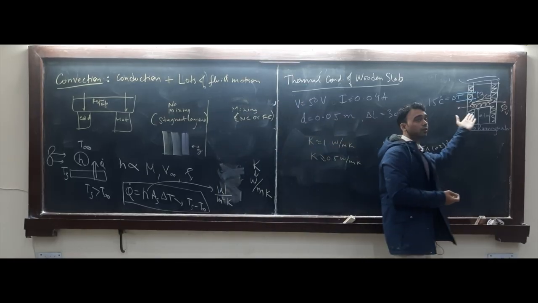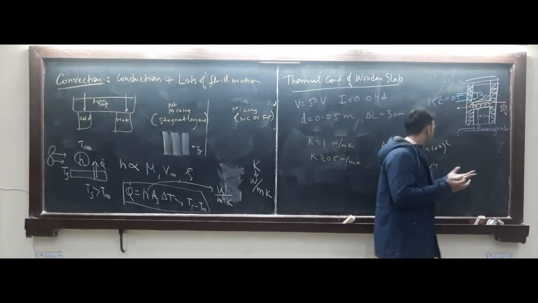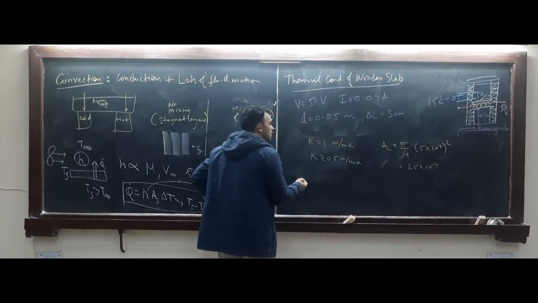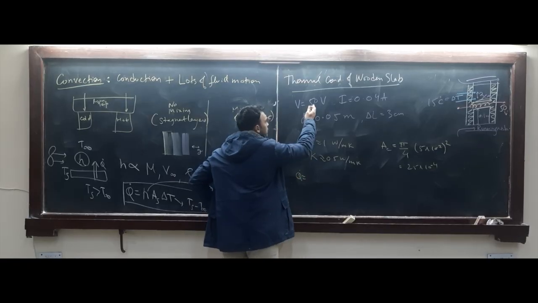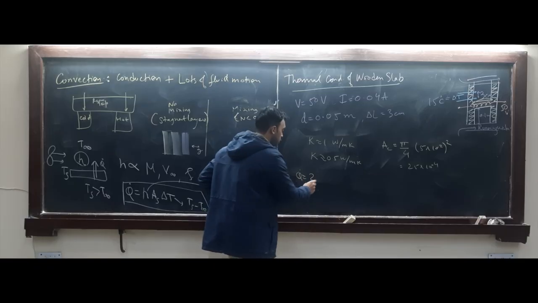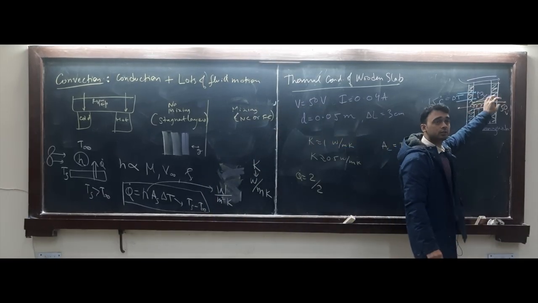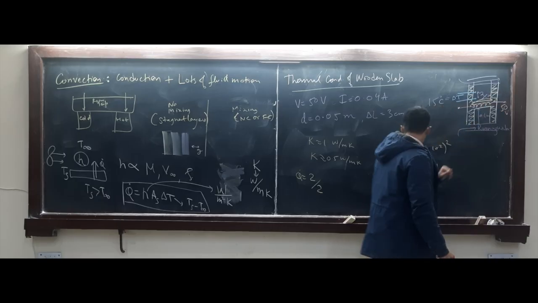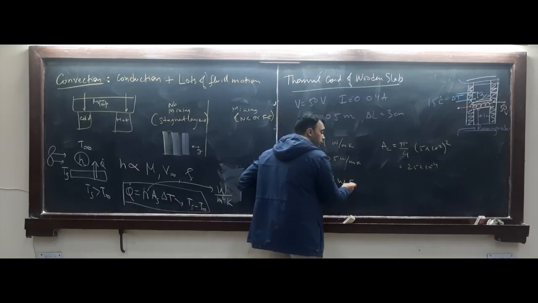You have a resistance wire, it will generate power from current and voltage. So Q dot would be simply 50 into 0.04, that is 2 watts, right? But then you have to divide by 2, because your heat is getting distributed both in the top and bottom. You get 1 watt.